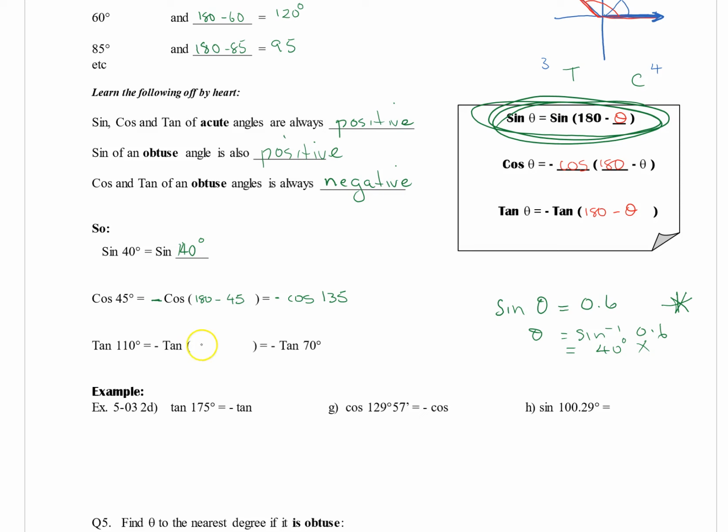Tan 110 would be minus the tan of 180 minus 110, which is 70. So the tan of 110 connects to the tan of 70. However, you need to have a negative in front of one of them. I'll stop the video there and do the examples in another video.